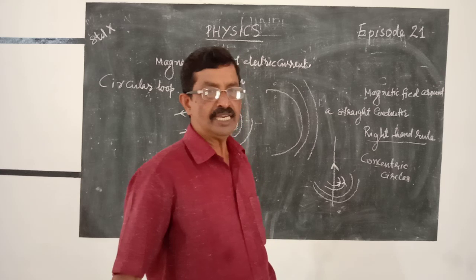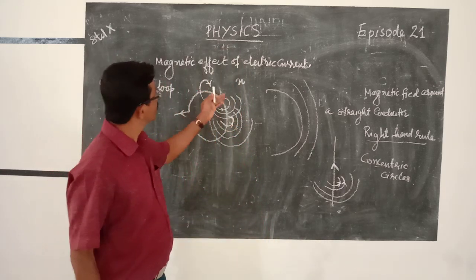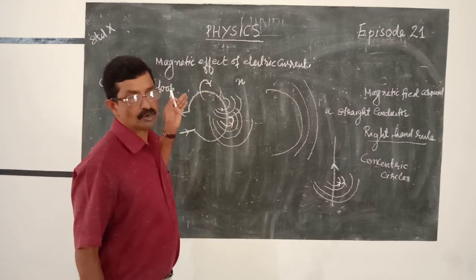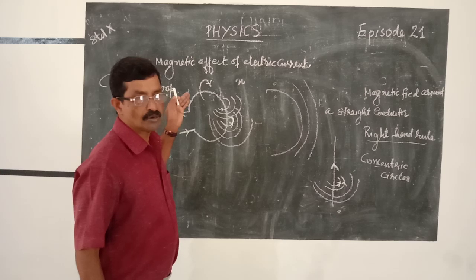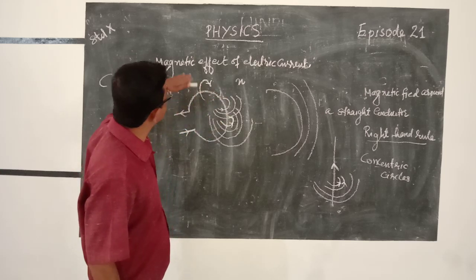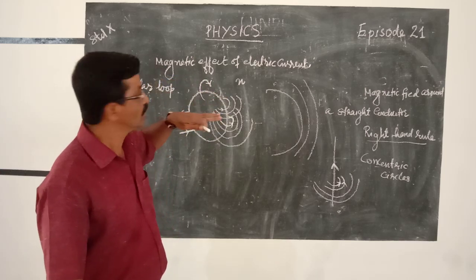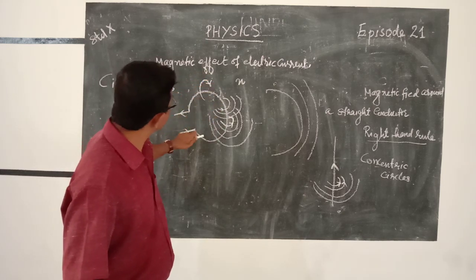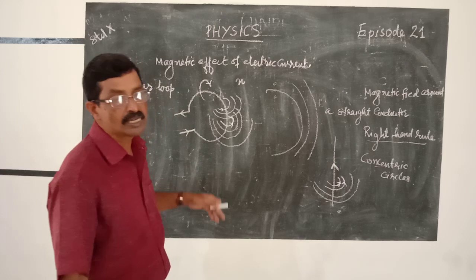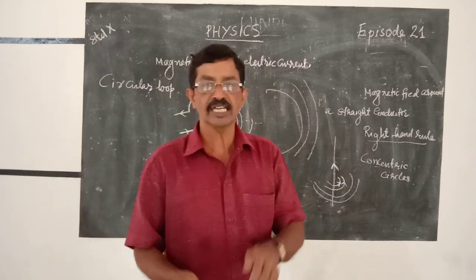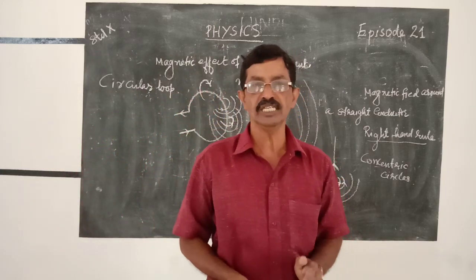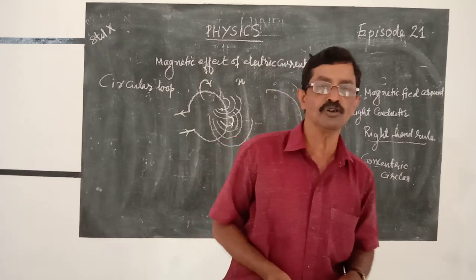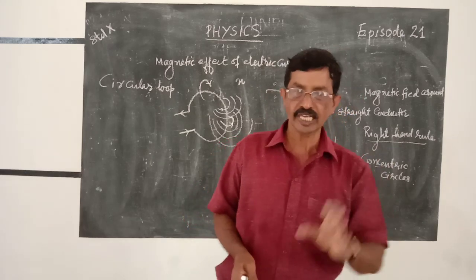Because by using the right hand rule, we know the magnetic field is in the same direction in this order. The current through each of these loops is in the same direction, so the magnetic field is also in the same direction.